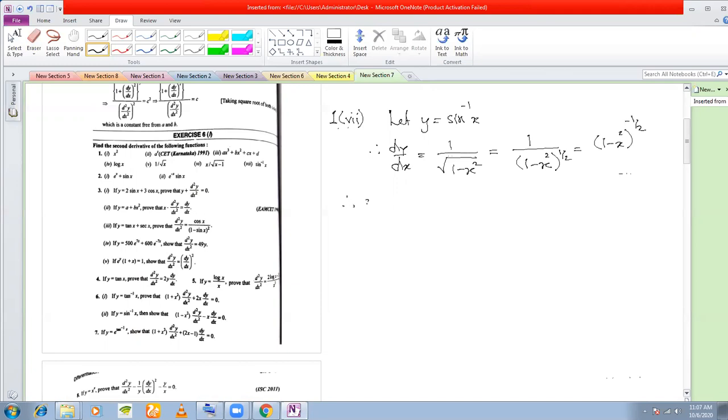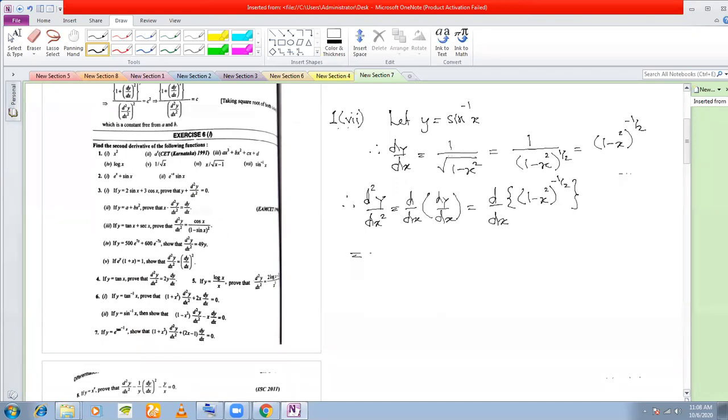So therefore, what should be d2y dx2? It is ddx of dy dx, which is ddx of (1 minus x square) to the power of minus half.